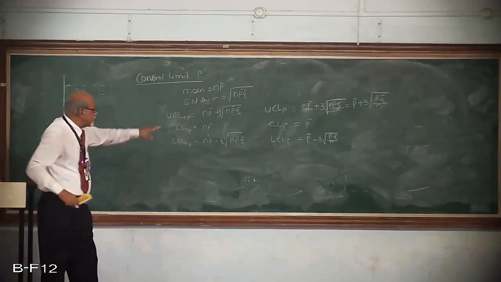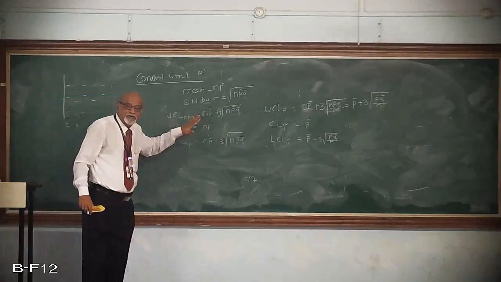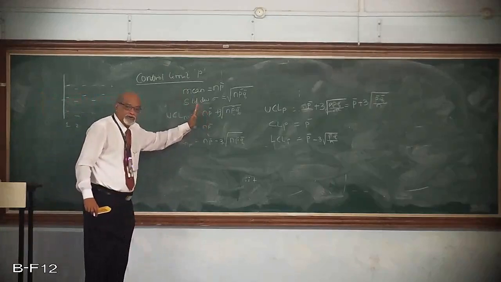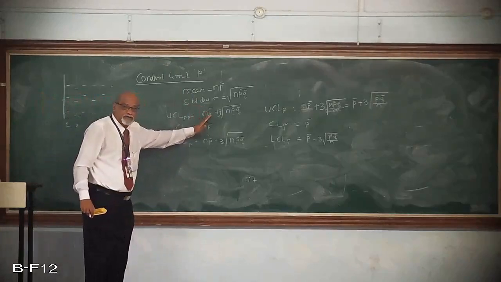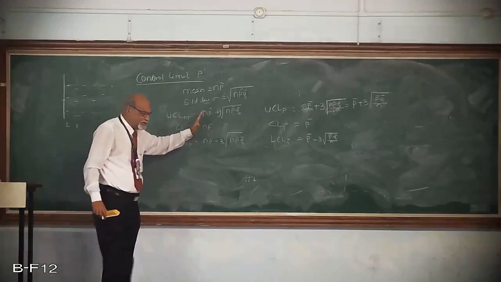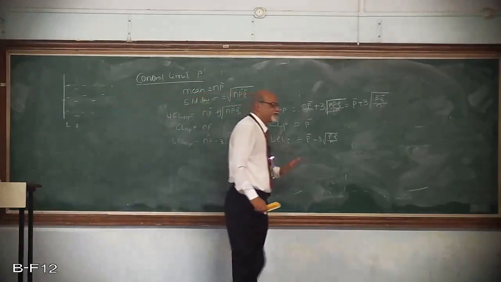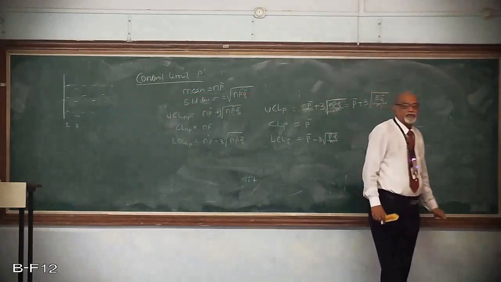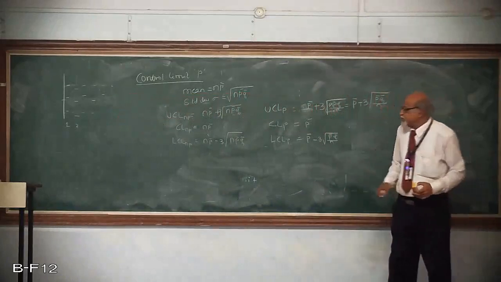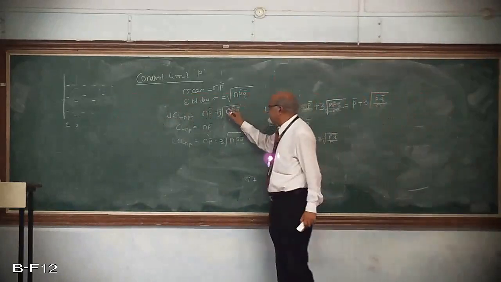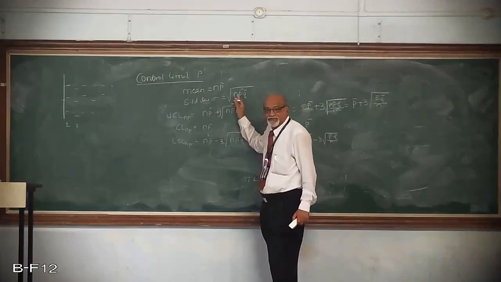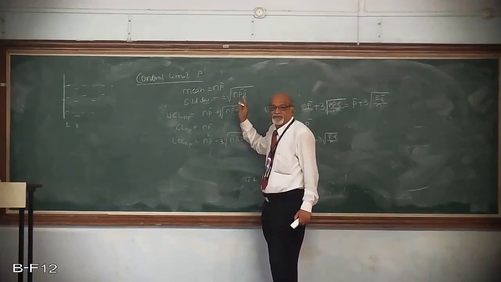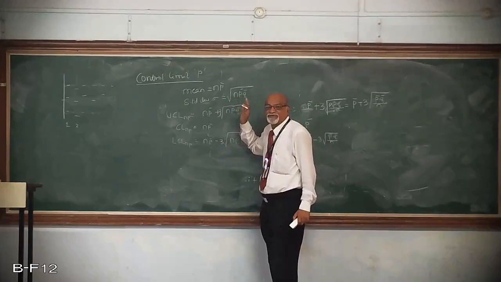But if the sample size is fixed, what is going to happen? Every time we are going to take only 200 samples or 300 samples. Then all the three lines will be fixed. This is the advantage.